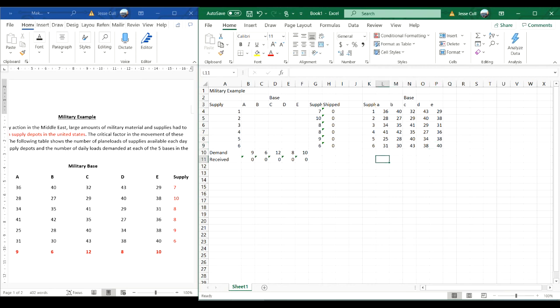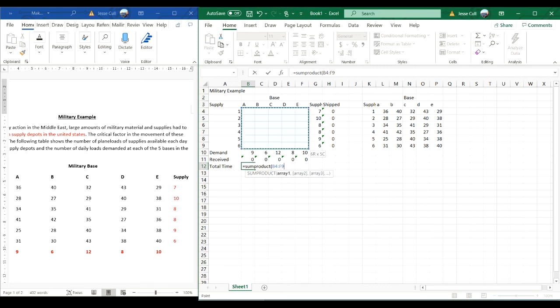So we've essentially completed all of the information we need, except for one thing, which is total time. And we're going to use an array system equals sum product B4 to B9 multiplied by L4 to P9.